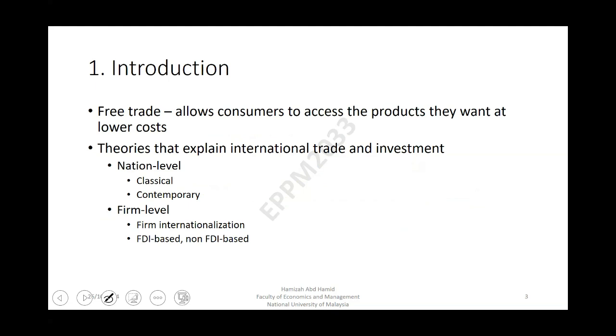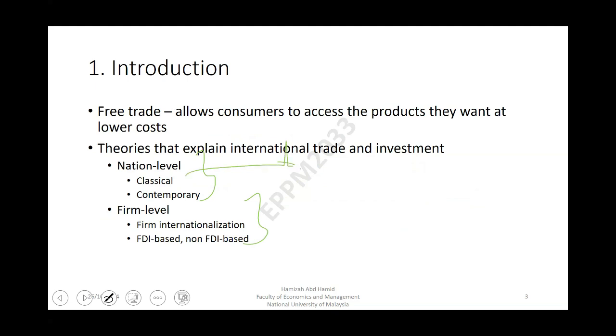Free trade will allow consumers to access the products that they want at a lower cost. But what theories can explain this? Two levels of theories, nation level theory and firm level theory. For nation level theories, we have classical and contemporary.